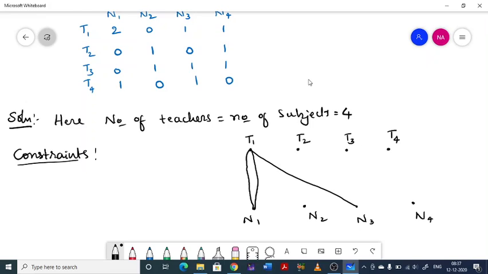Next, T1 to N4. Next come to T2. T2 to N1 you have 0, so no edge between T2 and N1. T2 N2, there must be one edge between these two. Next T2 N3 no edge. T2 N4 one edge.